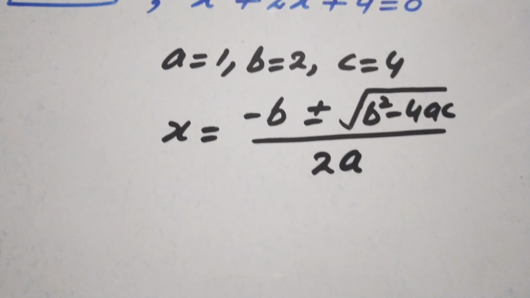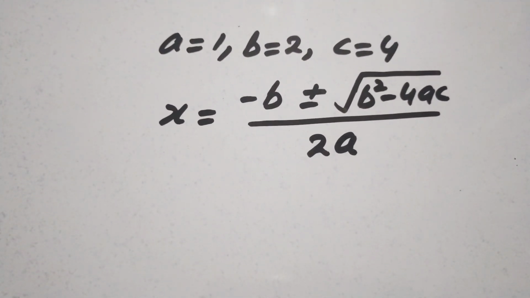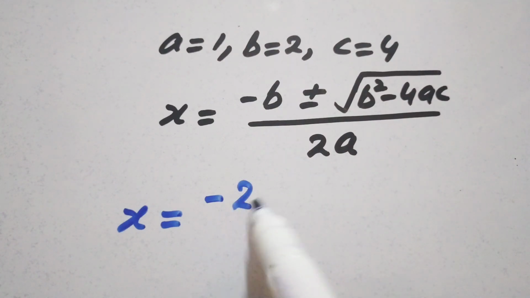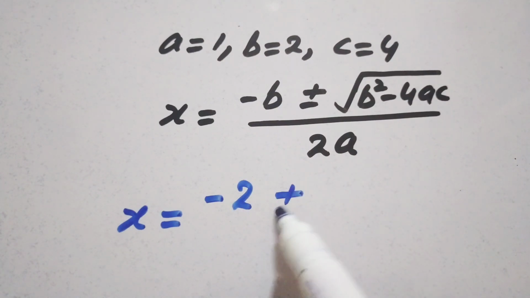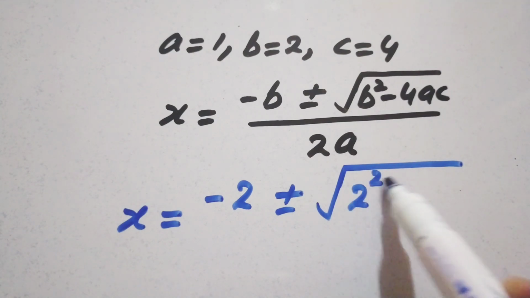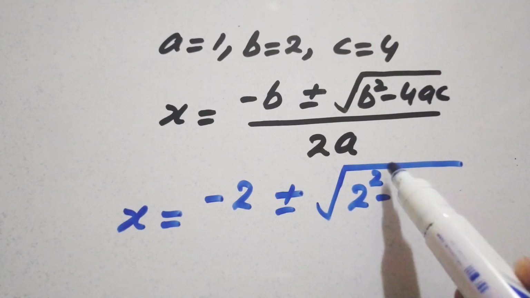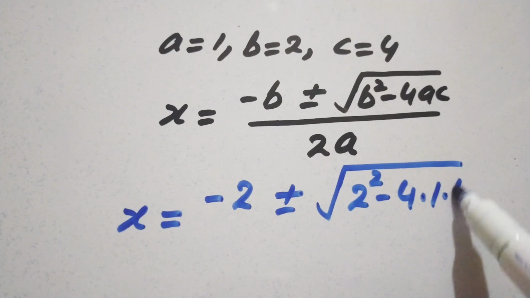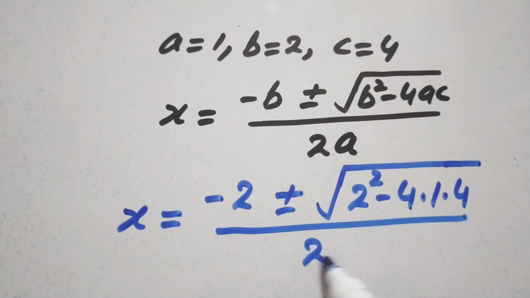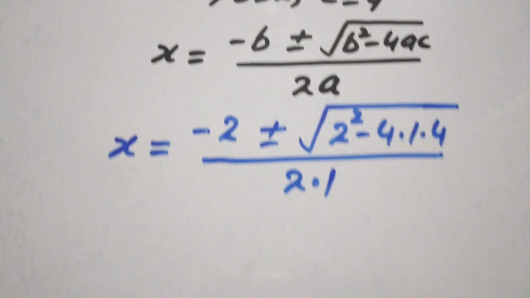Now using these values of a, b and c in this formula, this implies x is equal to minus, in place of b we will use this value, plus minus square root of b squared, it means 2 squared, minus 4a which is 1 and c which is 4, divided by 2 multiplied by a, 2 multiplied by 1.